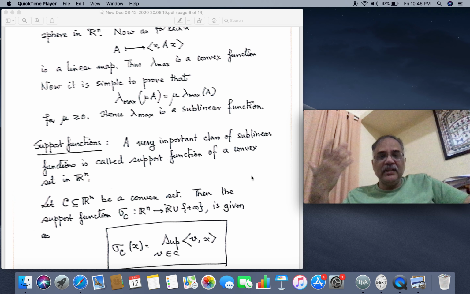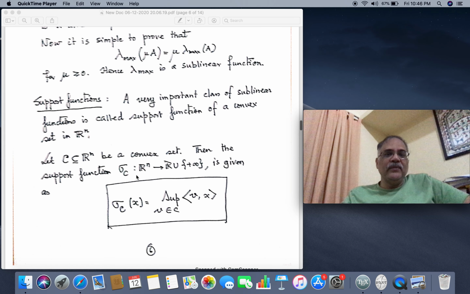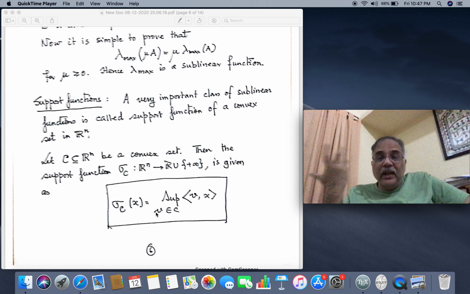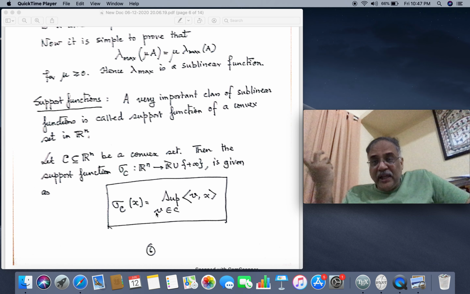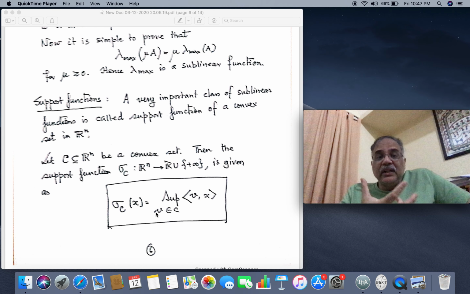Given a convex set C, the support function is a function from Rn to R union plus infinity, which is expressed as the supremum of the family of linear functions generated by the elements of C, where C is now the index set and v are the index points. You can immediately understand that if C was the subdifferential of f at k, then the directional derivative at k in the direction h is a support function of the subdifferential set.